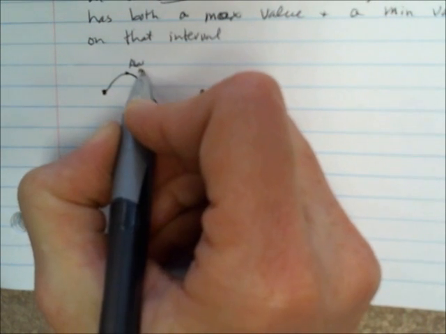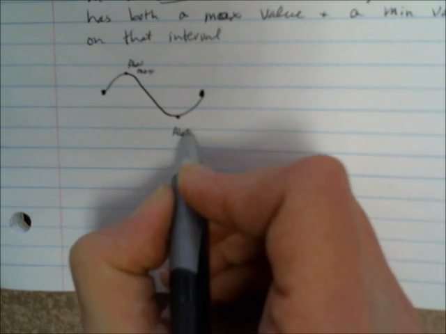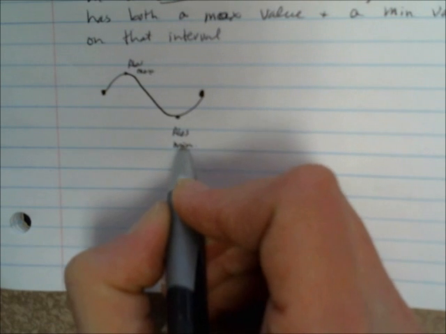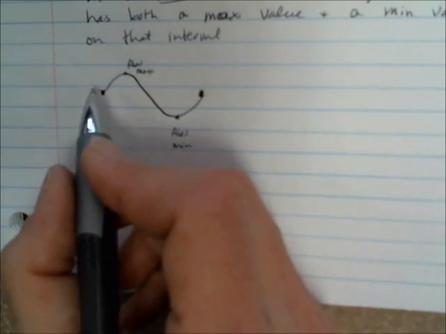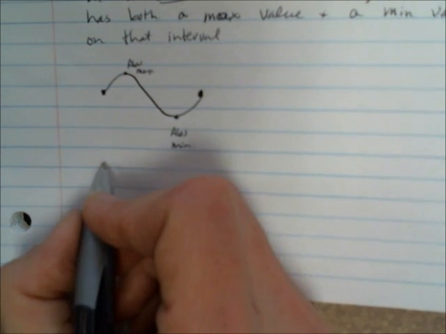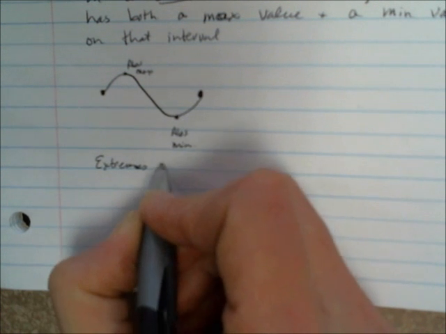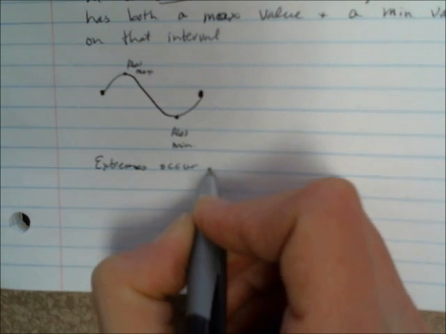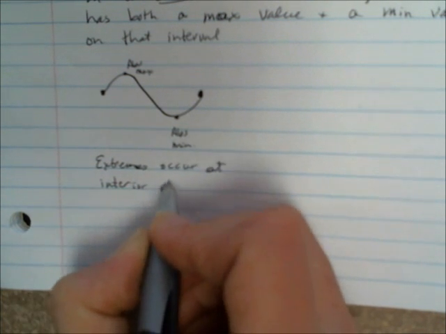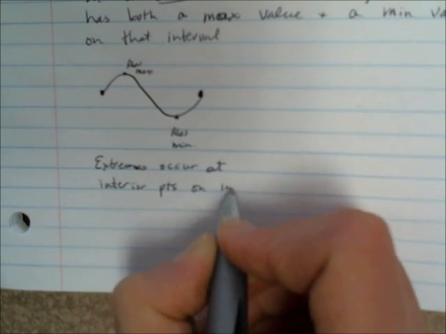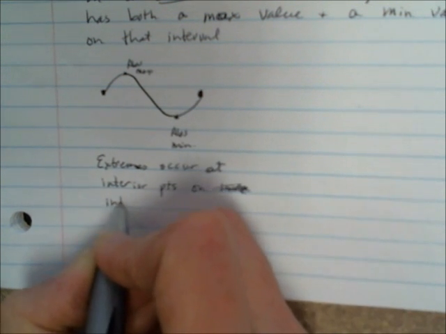This is the absolute max of the function because it's the highest value, and this is the absolute min because it's the lowest point on it, and they occur at interior points, interior to the closed interval. So these extrema occur at interior points on the interval.